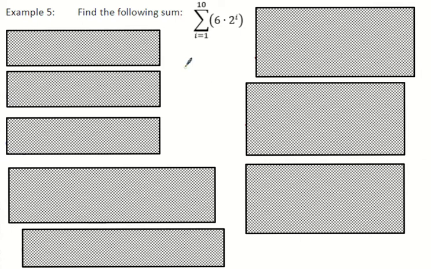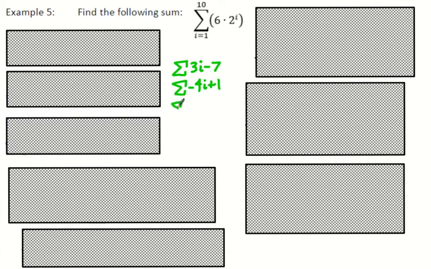Now, with arithmetic, if you learn what to look for with this sigma stuff, so that you know what you're looking at is an arithmetic summation, you're going to see something like 3i minus 7. Or you're going to see negative 4i plus 1.